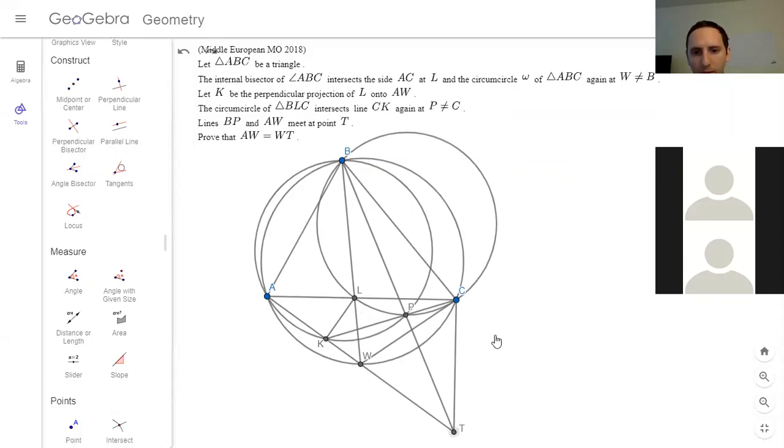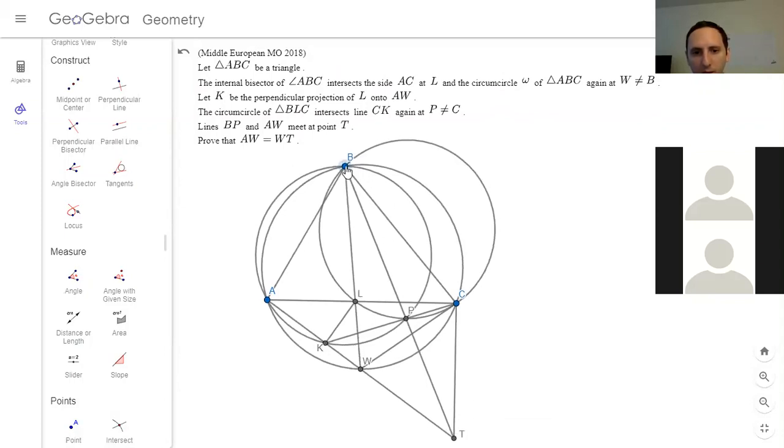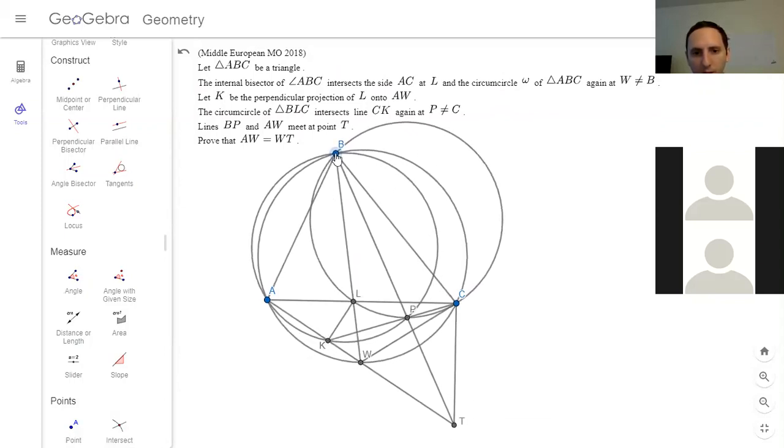That's point T. We have to show ABP equals CLT. APB is CLT. Yeah. Maybe it's just similar triangles, I don't know. Feels like this, yeah.